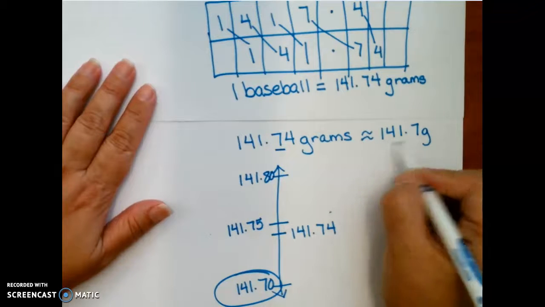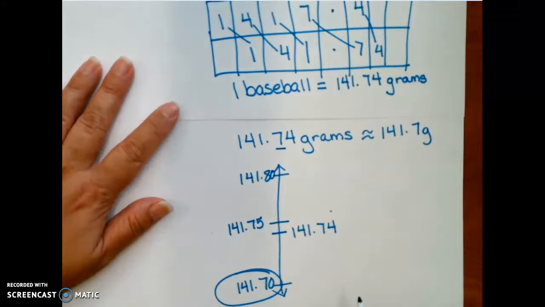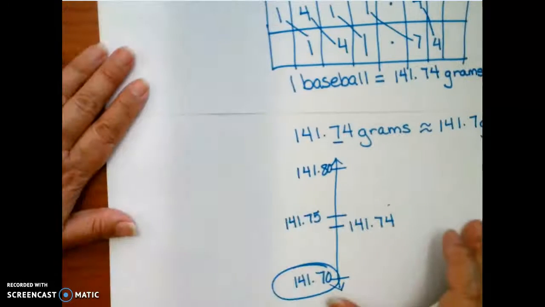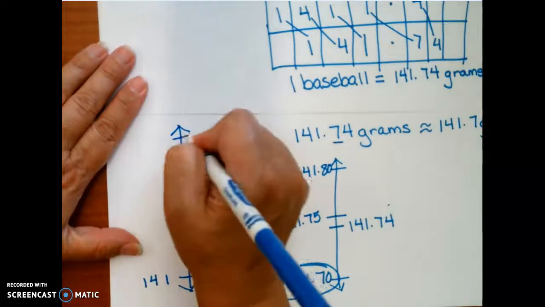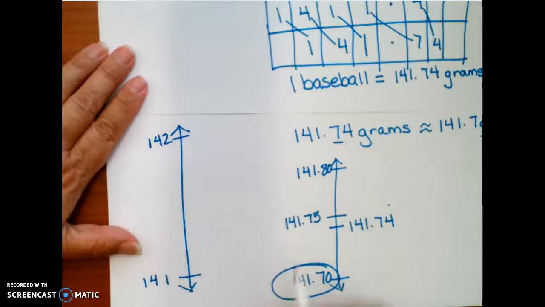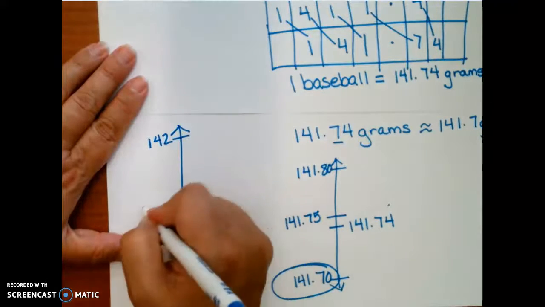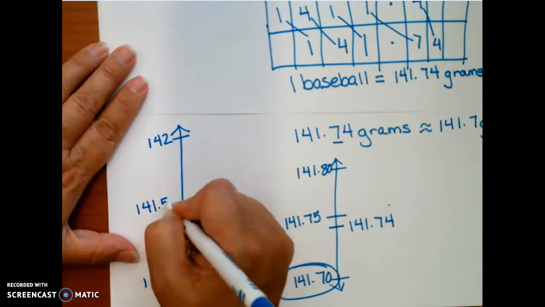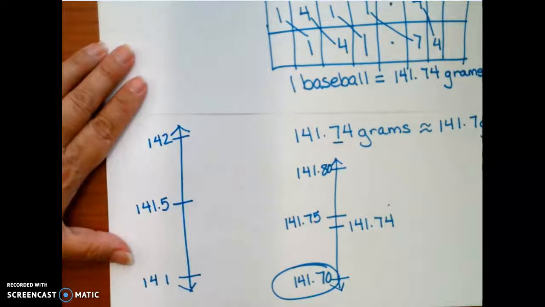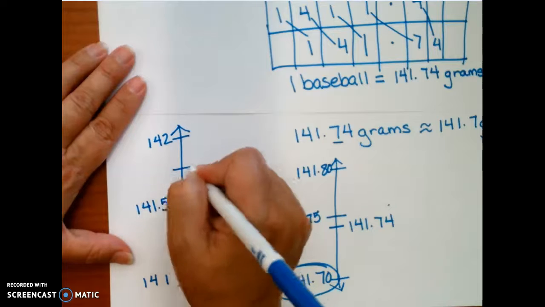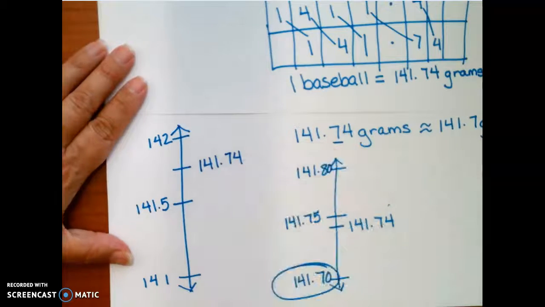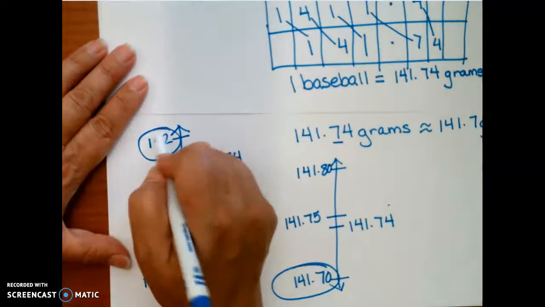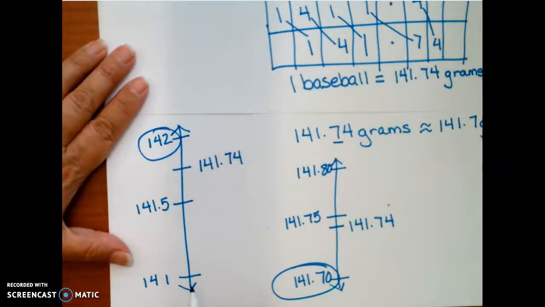You could say 141 7/10 grams, or if you round it to the nearest whole number, we have 141, and we have 142 is one more than that, and in between would be 141 5/10, or 141 1/2. 141 74/100 is up here, so I would round it to 142.